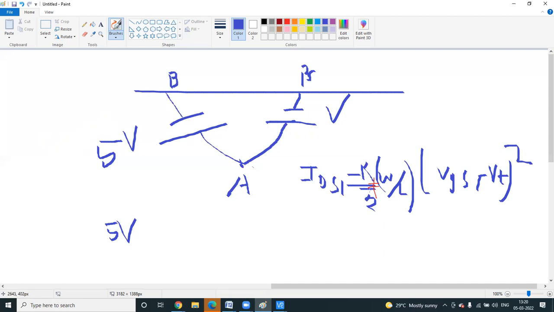Here K stands for all those values, mu Cox and so on. For IDS2, it is K, 2 W by L, (VGS2 minus VT) whole square, but VGS1 equal to VGS2.